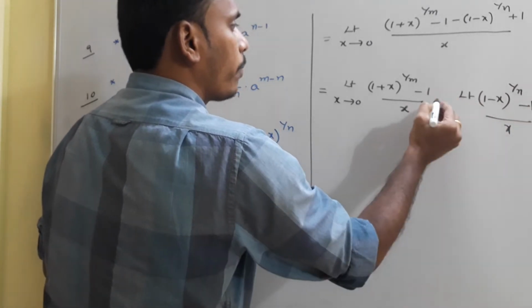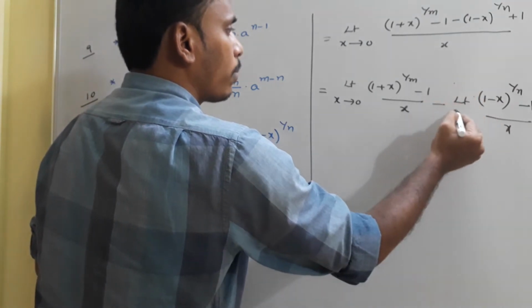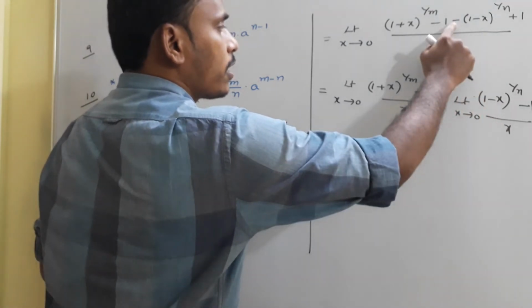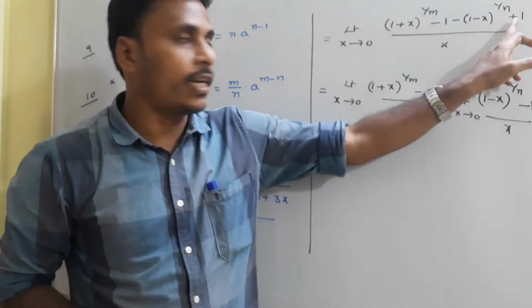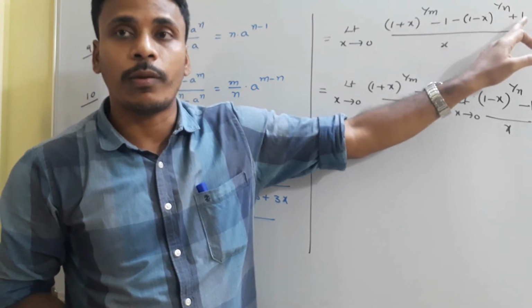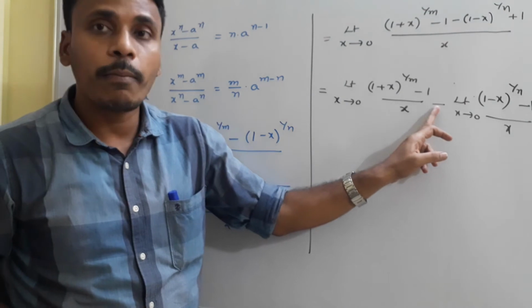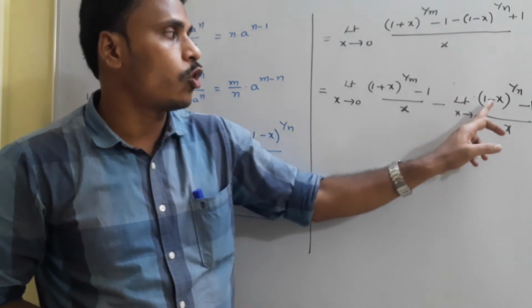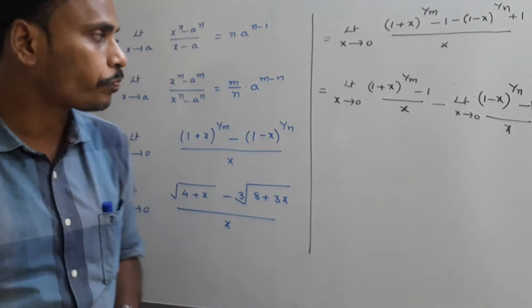Just have a look, I just took the minus common from the two terms. Minus 1 and plus 1 are given, so from these two terms, if you take the minus common, it becomes minus the limit as x tends to 0 of (1 minus x). You just send this minus inside, nothing will happen, right?